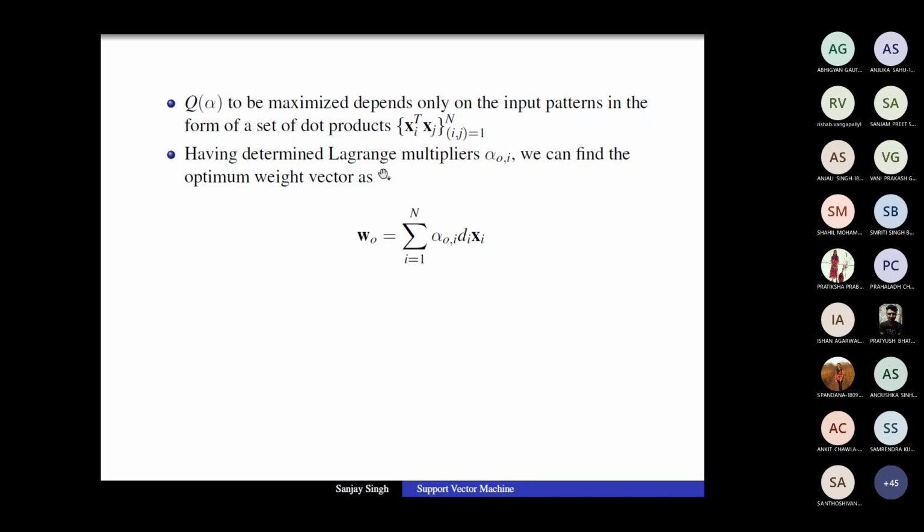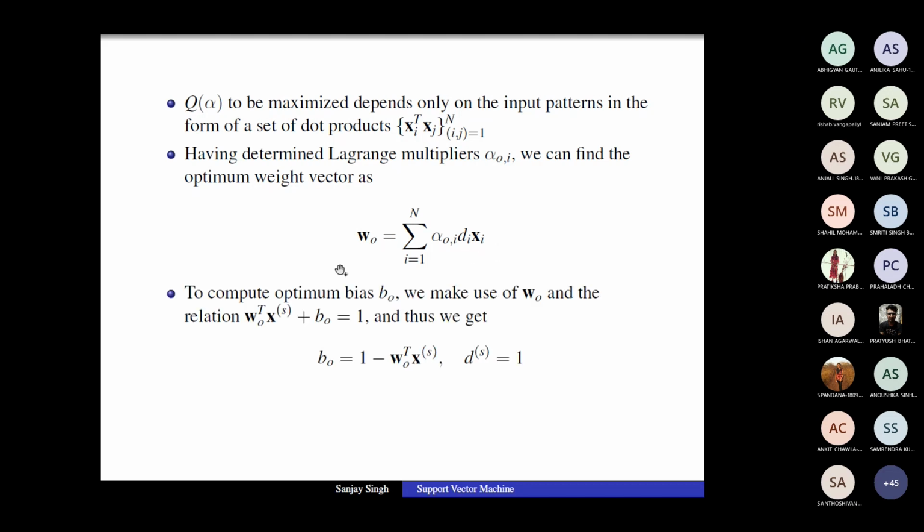By substituting this in the original equation for W_O which you got from the primal, W_O equals the sum from i equal to 1 to n of alpha_O,i d_i x_i, and once you have this, the bias can be found very easily. From this relation you can find B_O equal to 1 minus W^T X_S. Remember that X_S is nothing but the support vectors, the vectors for which the value comes out to be 1.